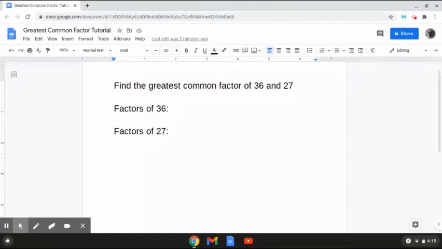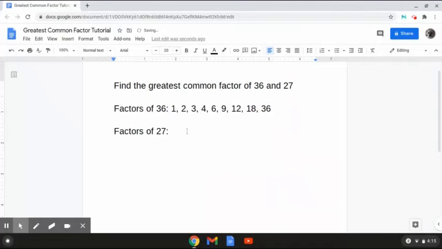Alright, so this last problem reads, find the greatest common factor of 36 and 27. So the way that we're going to solve this is like we've been doing before in these last few problems. First, we're going to list out the factors of each number. The factors of 36 are 1, 2, 3, 4, 6, 9, 12, 18, and 36.